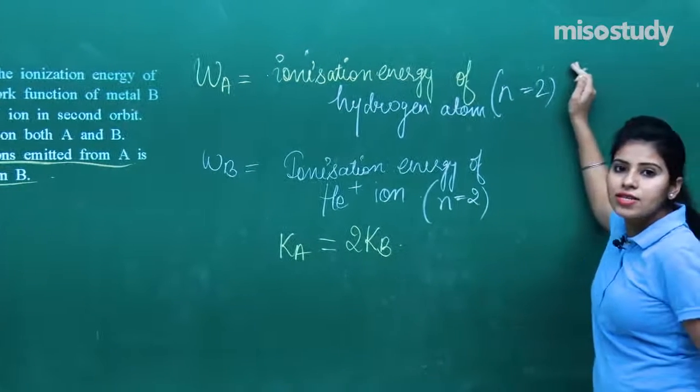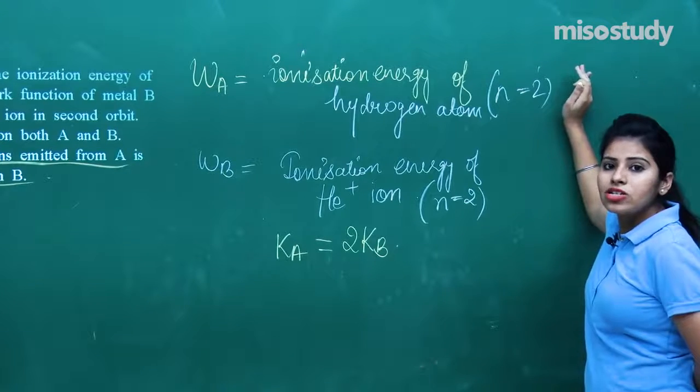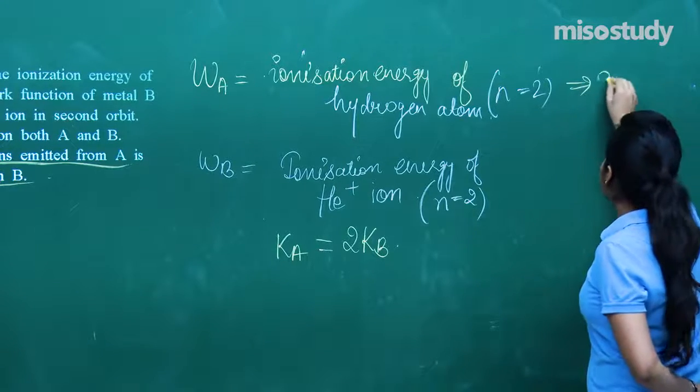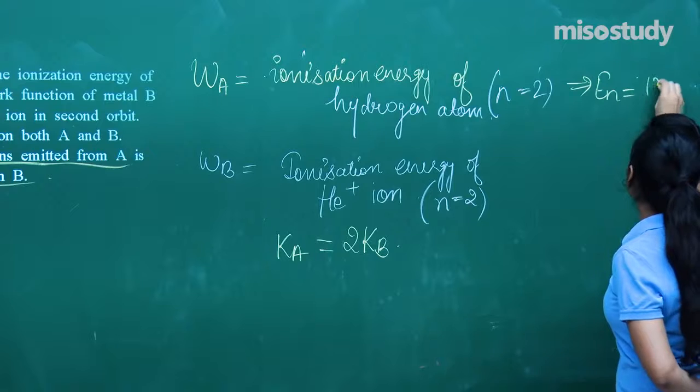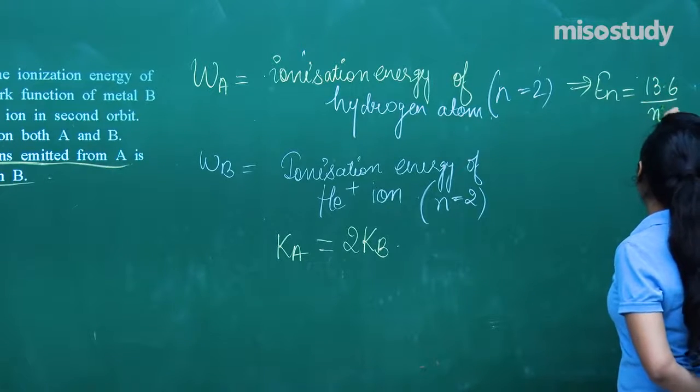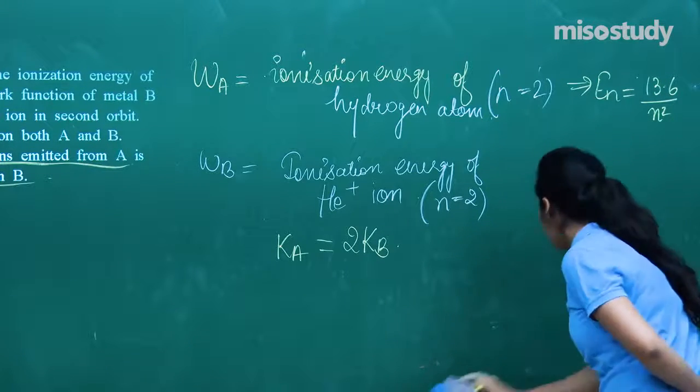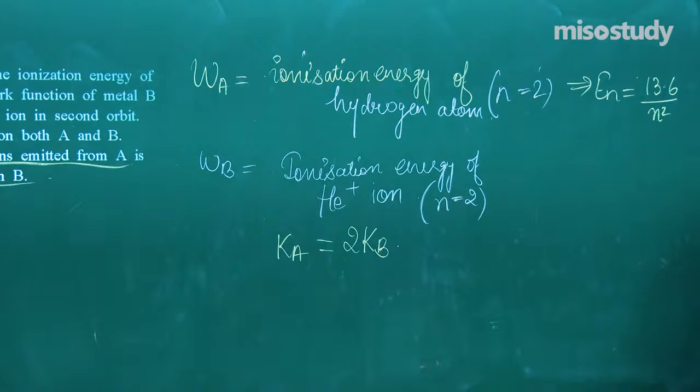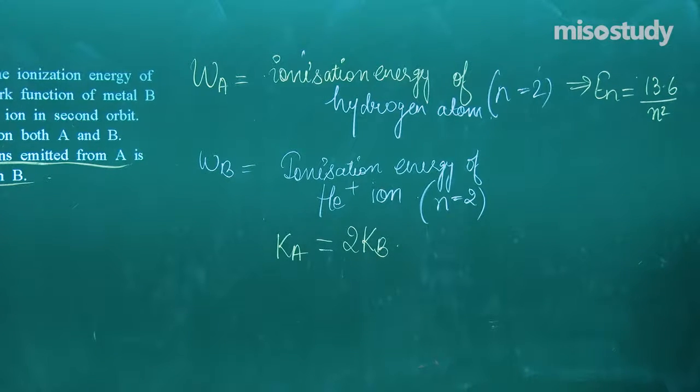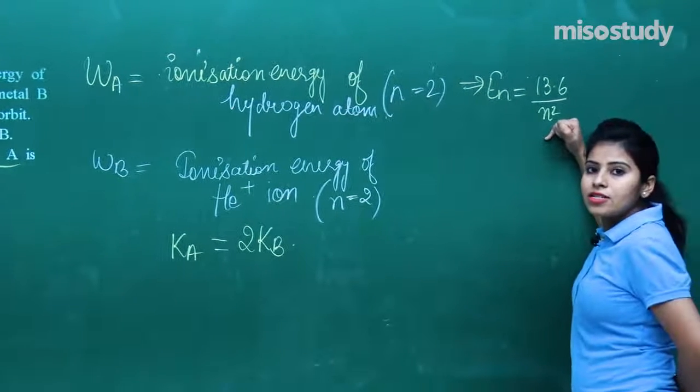First of all, I will find this energy. How can I find it? If you know the relation En equals 13.6 by n square, put the value of n, that is 2, here.